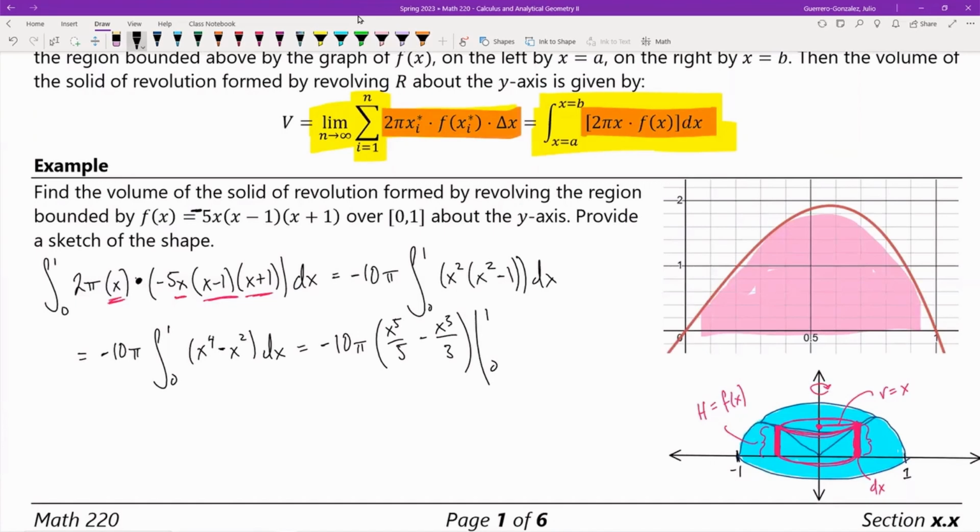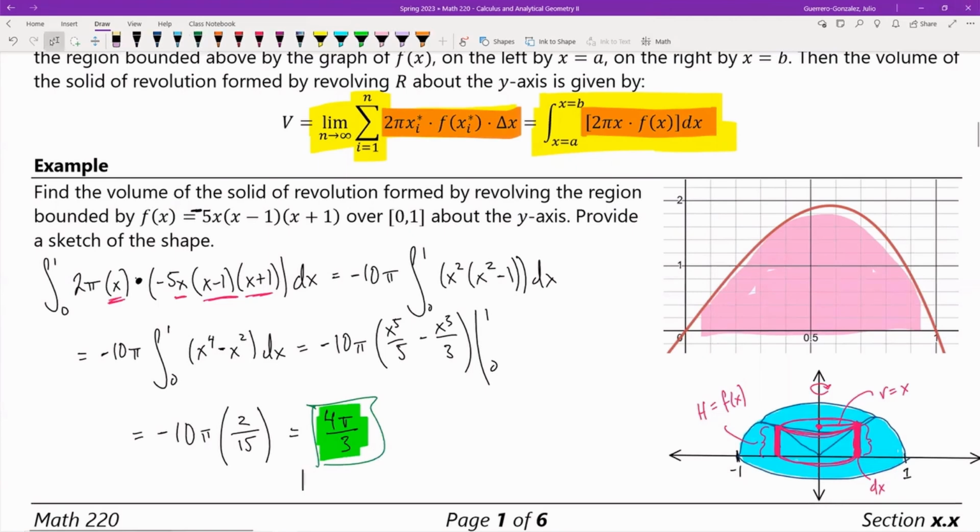Okay, if you do the math out here, negative 10 pi times negative 2 over 15, if you do the common denominators and everything for this thing. And what you reduce down to is 4 pi over 3. And we are done. This is our final answer. If we go through all the work and do all the arithmetic outright, this is what we get.